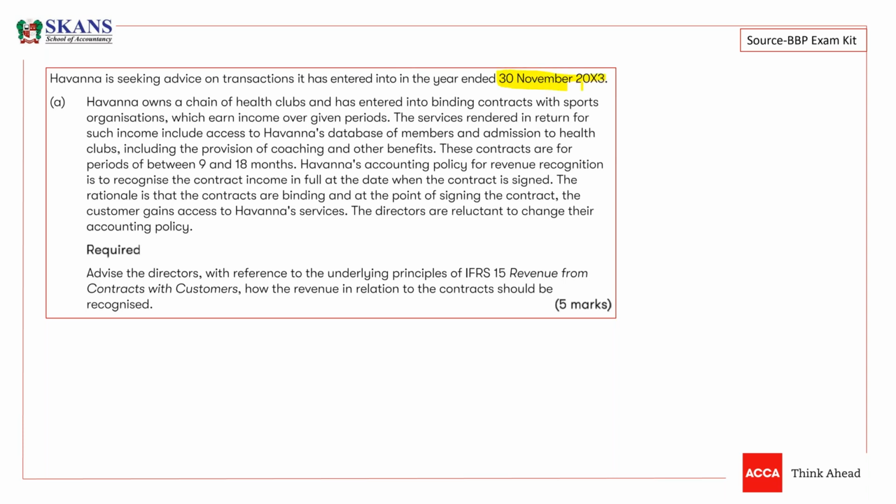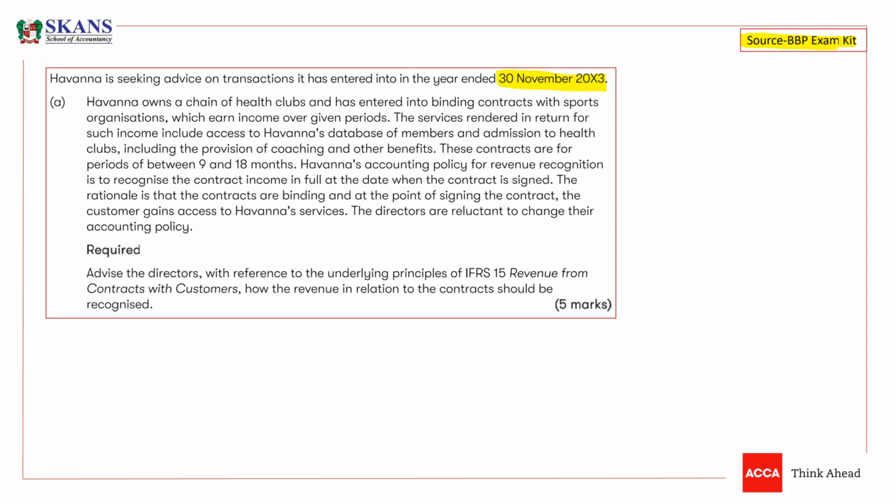This is again a past paper question that I have picked from the BPP exam kit. Now each owns a chain of health clubs and has entered into a binding contract with sports organizations, which earn income over given periods.